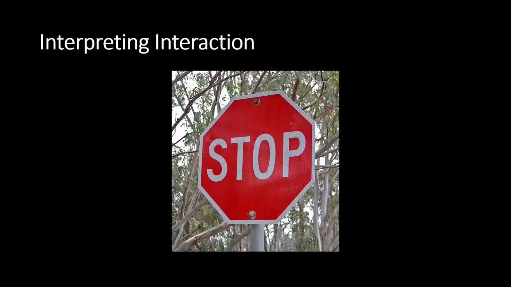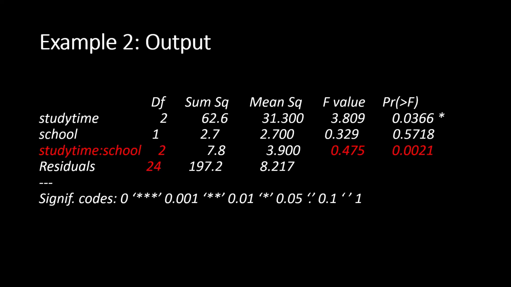All right, so now let's talk about what to do if the interaction was found to be statistically significant. What you're going to do is you're going to stop. I played with these numbers here, obviously, as you can see.